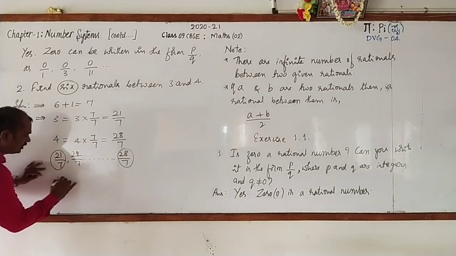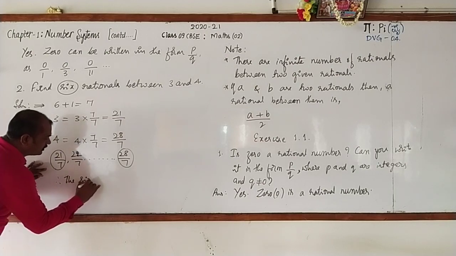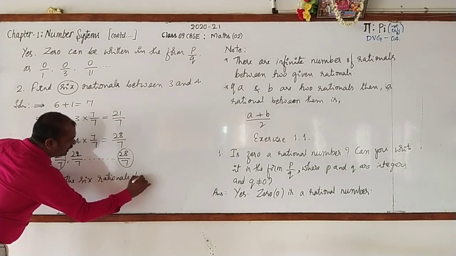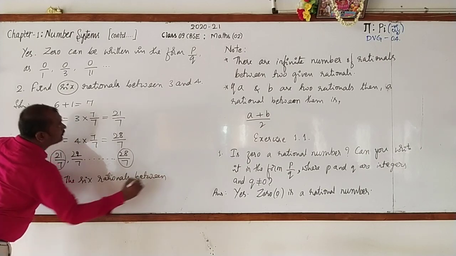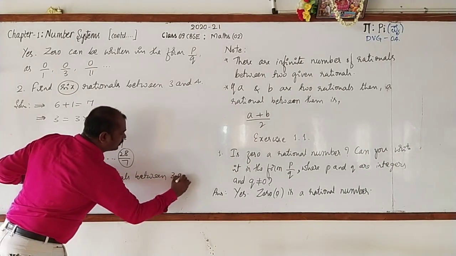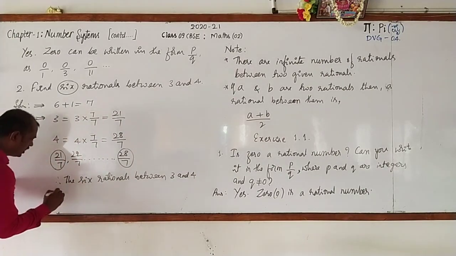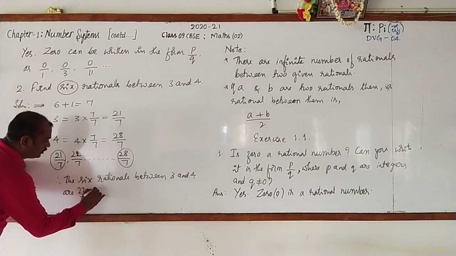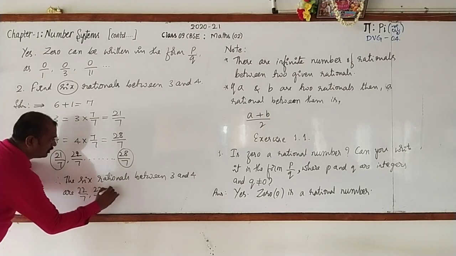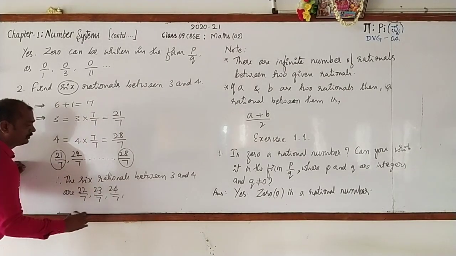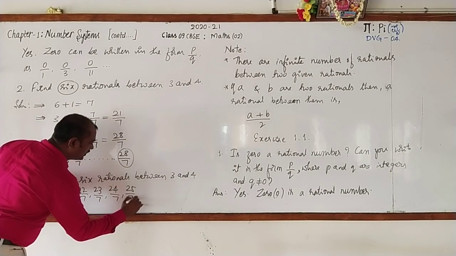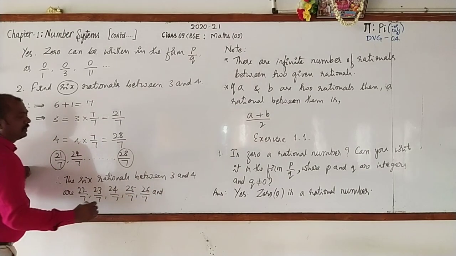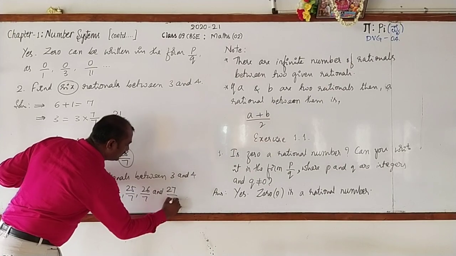Let us write that. Therefore, the 6 rationals between 3 and 4 are 22 by 7, 23 by 7, 24 by 7, 25 by 7, 26 by 7 and another one is 27 by 7.